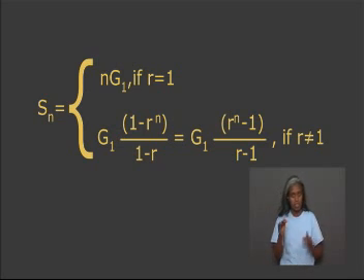If r does not equal 1, Sn equals g1 times 1 minus r to the power of n over 1 minus r. This can be expressed as g1 times r to the power of n minus 1 over r minus 1.